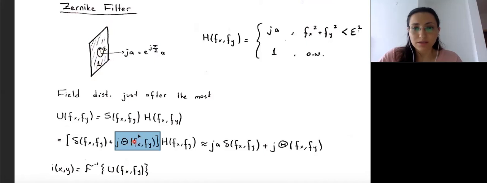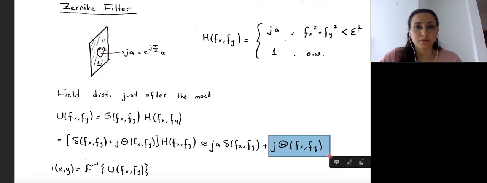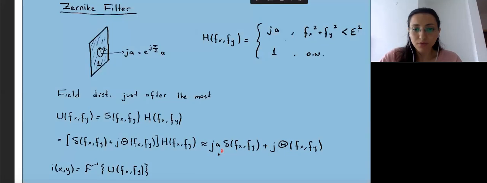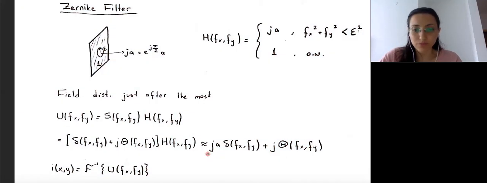And we can simply say that it's going to be multiplied by one almost everywhere outside this very small region. Okay, so we're going to keep that as it is after this multiplication. So this is of course an approximation, but when epsilon is negligibly small, it's going to be a good enough approximation. Okay, this is the field distribution we have just after the mask.